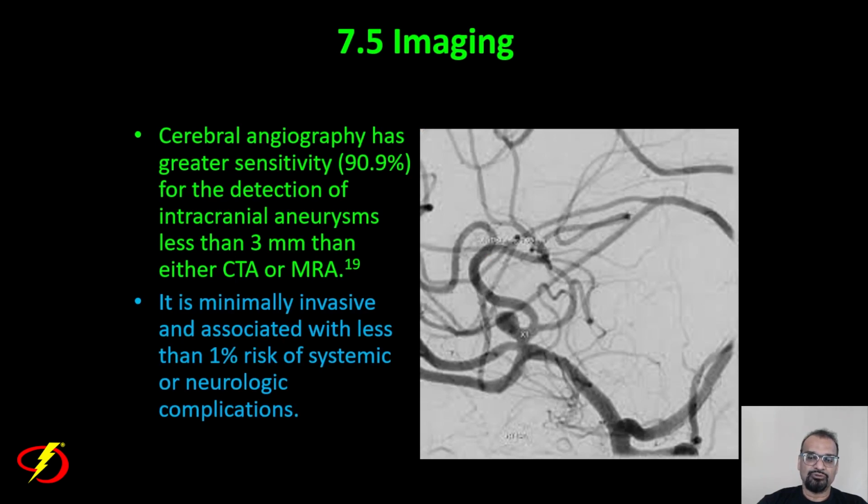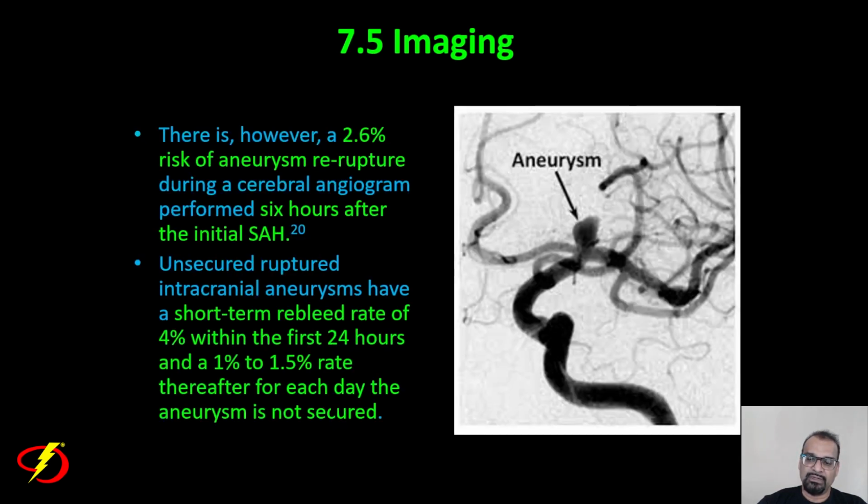Cerebral angiography has greater sensitivity for the detection of those smaller aneurysms less than 3 millimeters than either CTA or MRA. This has a very low risk too, less than 1% risk of systemic or neurologic complications from digital subtraction angiography. However, there's a 2.66% risk of aneurysm re-rupture during a cerebral angiogram performed 6 hours after the initial subarachnoid hemorrhage.